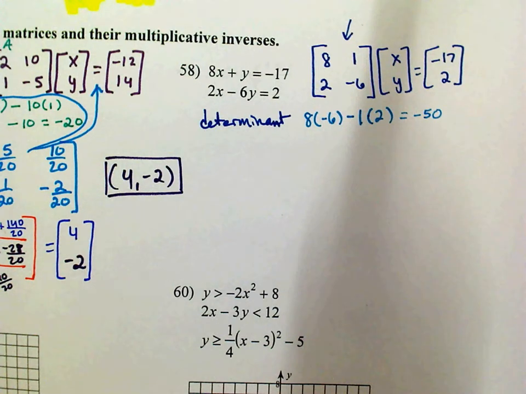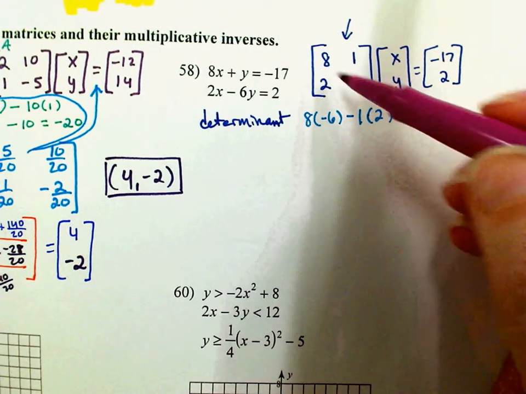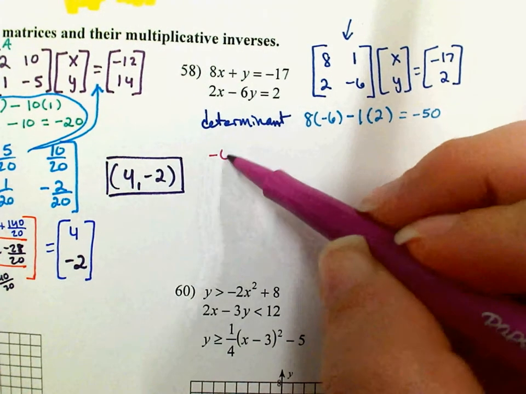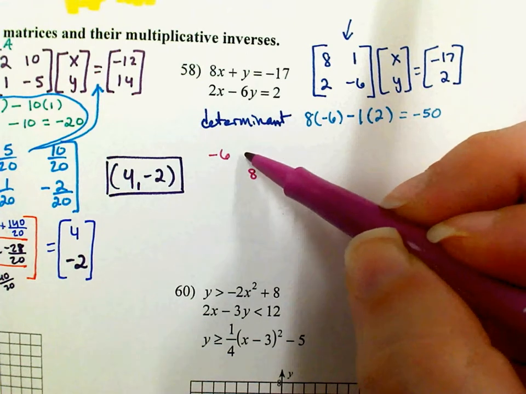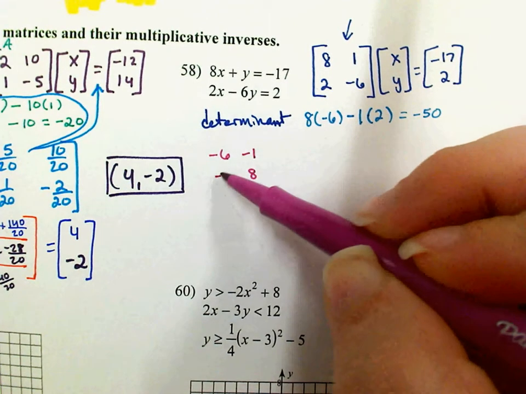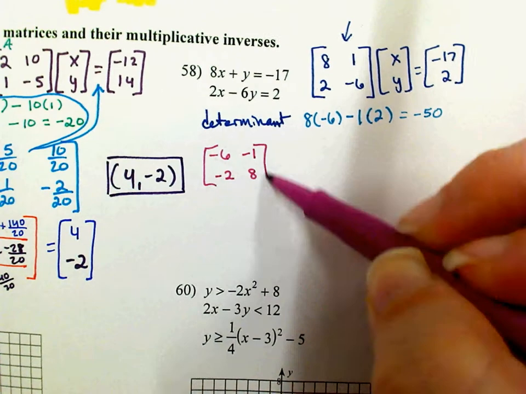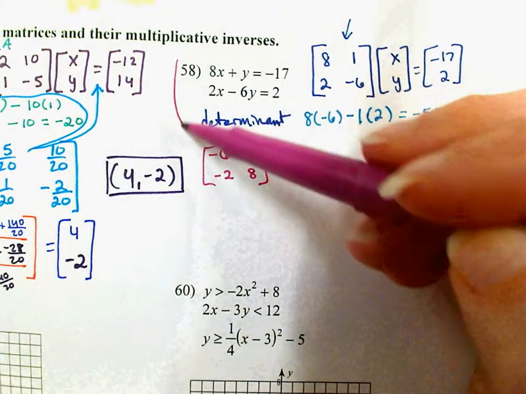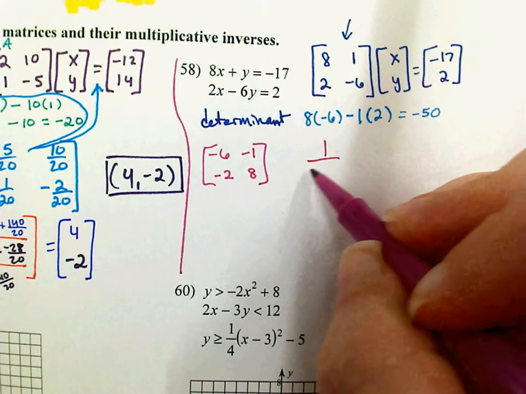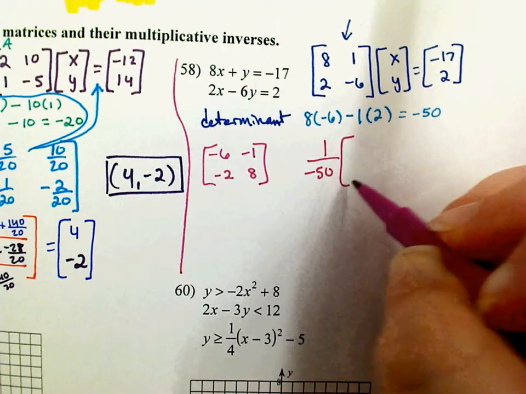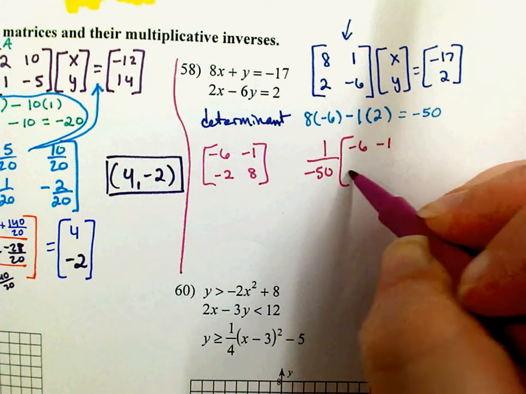My adjugate is going to be, and now what do I do with 8 and -6? Okay, -6 and +8, and what happens to the 1 and 2? Good, we switch the signs. Okay, now I'm going to multiply 1 over the determinant, which is 1 over -50, times -6, -1, -2, and 8.